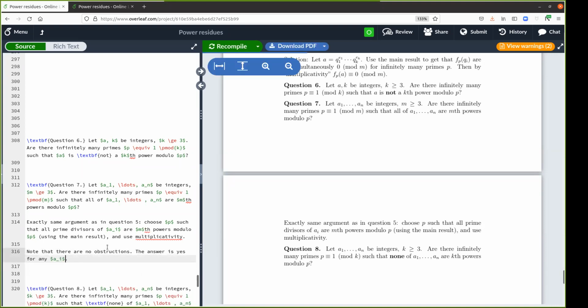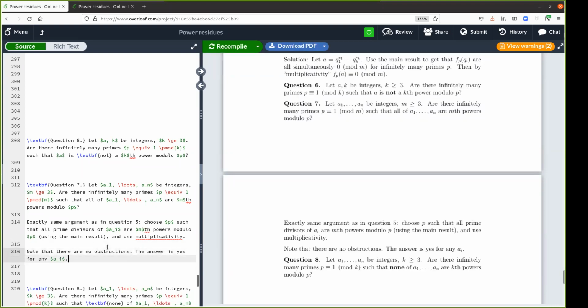But what if say A1 is negative? Is that, oh, good point.